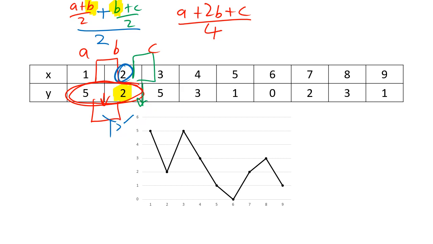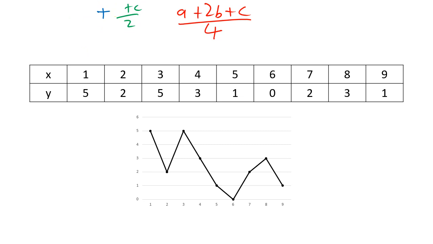So let's delete all this stuff and do that exactly as I described, using that formula I got in red. I'm going to leave that up there. So this is my first A, B, C. If I do that, I am saying 5 plus 2 times 2, which is 4, so that's 9, plus another 5.